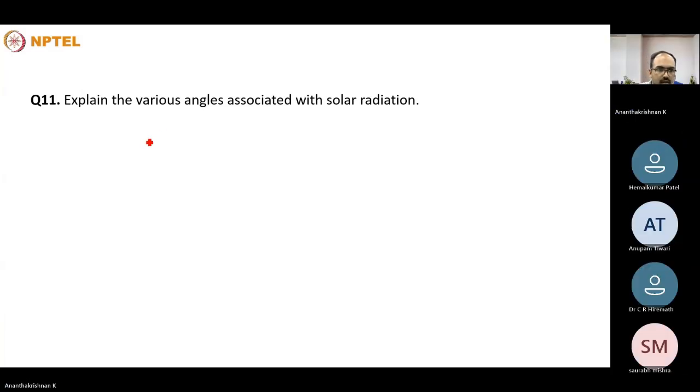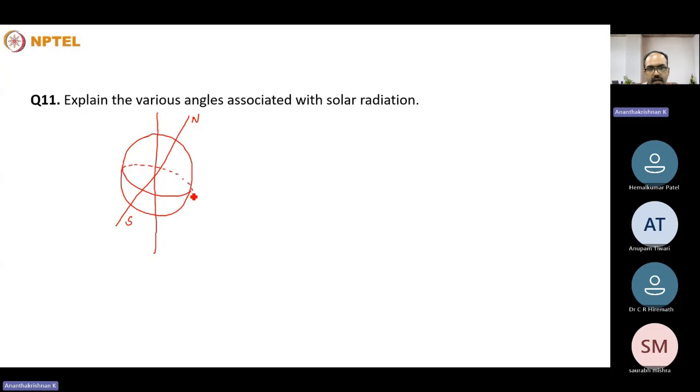So take a 2D representation of our globe, and there will be a slight tilt between the north and the south poles. This is the equator. We expect the sun to be somewhere here.